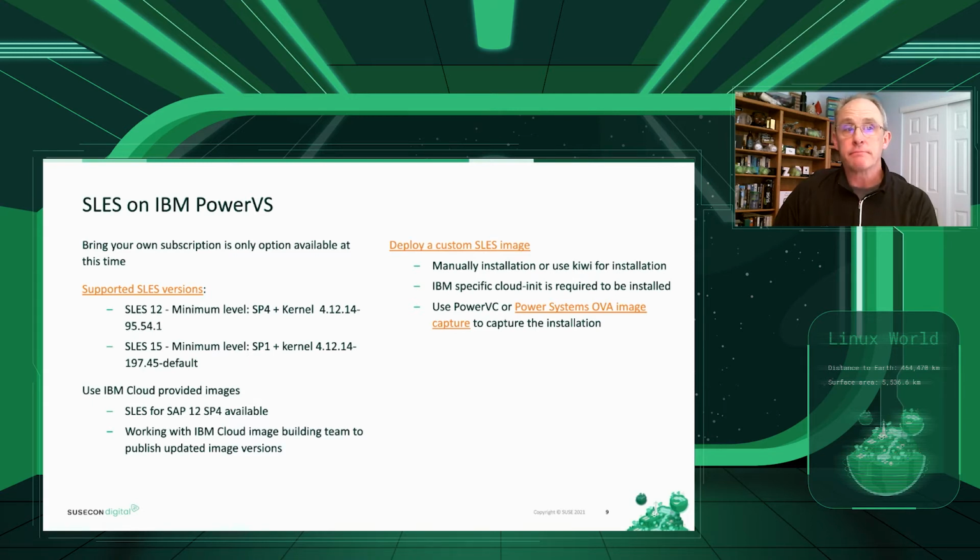An IBM specific cloud-init is required, so make sure you're aware of that. And then lastly, there are a couple of ways to capture an image with on-prem Power Systems hardware if you have access to it. If you have access to a PowerVC environment or to a VIOS server, then you're able to capture those images locally and upload those to IBM Cloud.